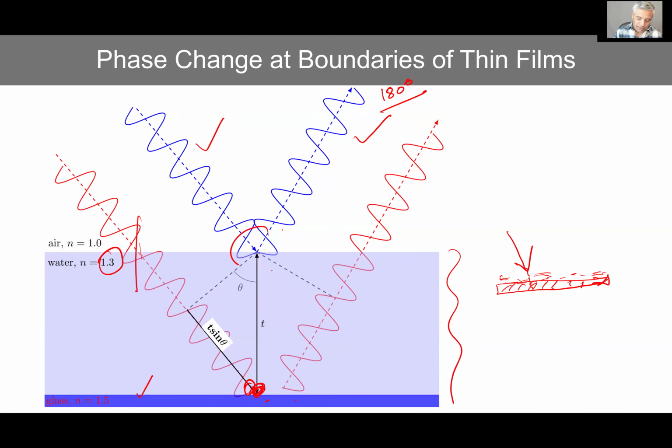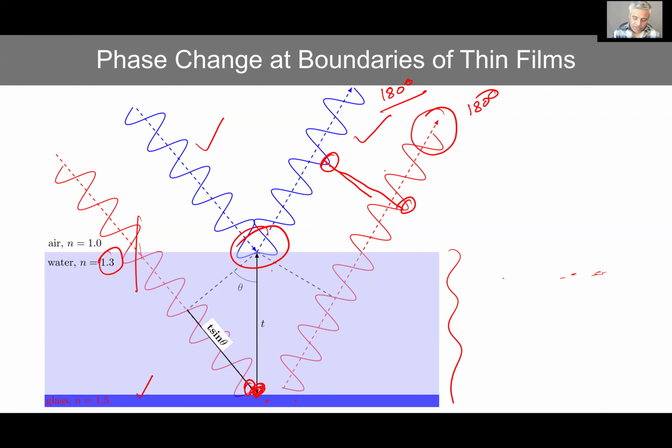So it goes through one phase change due to reflection, and this goes through one phase change due to reflection. Due to the reflection at the boundary, they went through the same phase change. That means they are now in the same phase, as indicated by this trough matching this trough and this crest matching this crest.